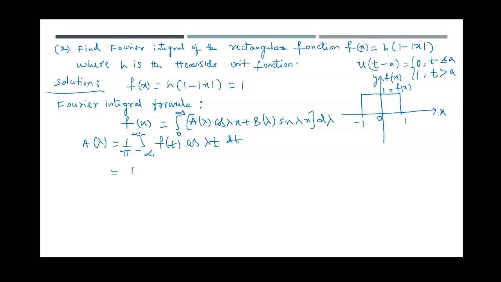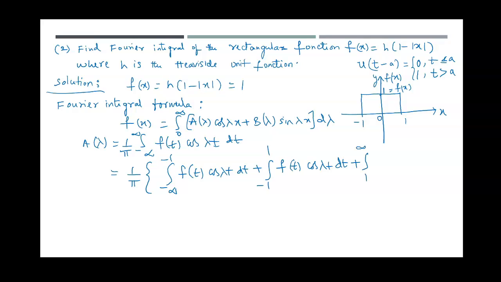So as usual, if you split this integral, we get minus infinity to minus 1 of f of t cos lambda t dt, plus integral minus 1 to 1 of f of t cos lambda t dt, plus integral 1 to infinity of f of t cos lambda t dt. If you split the integral, then in the interval minus 1 to 1 the value of this Heaviside function is 1.